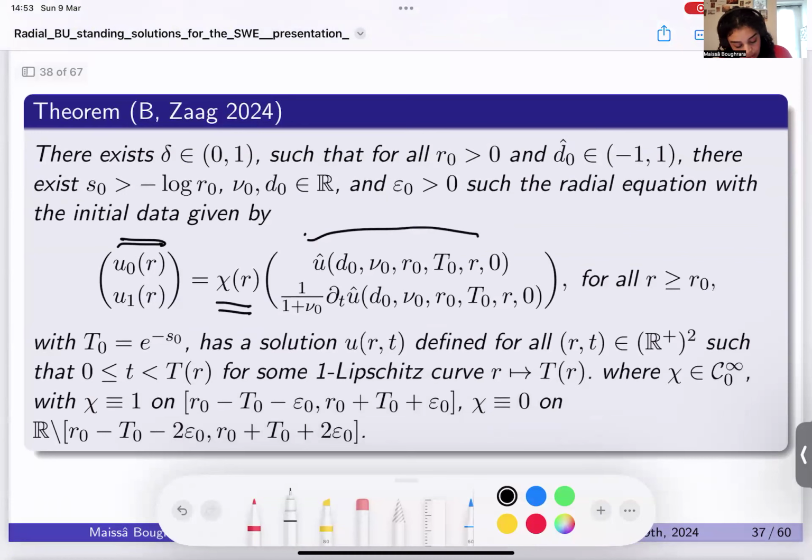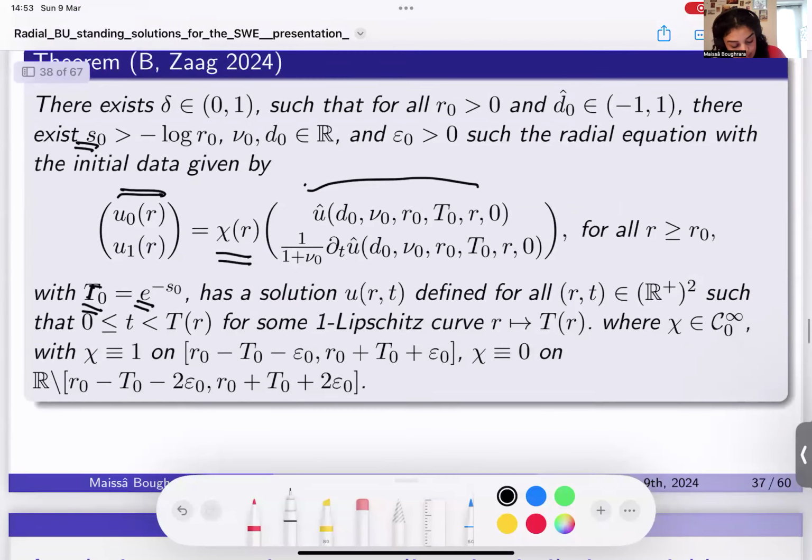Okay, and actually we define t0 equal to exponential minus s0. So s0 is the initial time variable, so we have the existence of a certain s0 such that t0 is going to be defined by exponential minus s0.